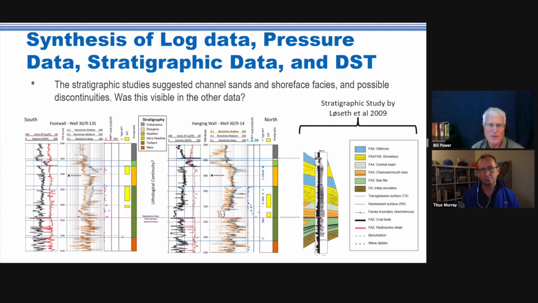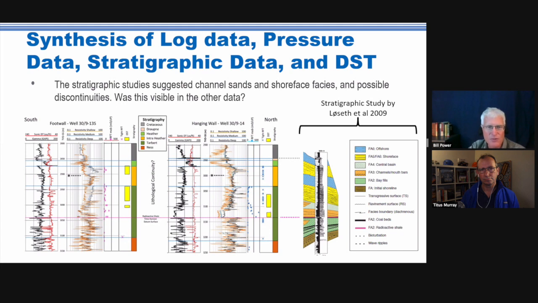The stratigraphic guys are saying a mix of different types of facies and sands. And then when we look in detail at the resistivity data in particular, we've got the shallow resistivity, the deep resistivity, and the intermediate resistivity plotted here. The shallow is in orange, the deep is in black, and the intermediate is in blue.